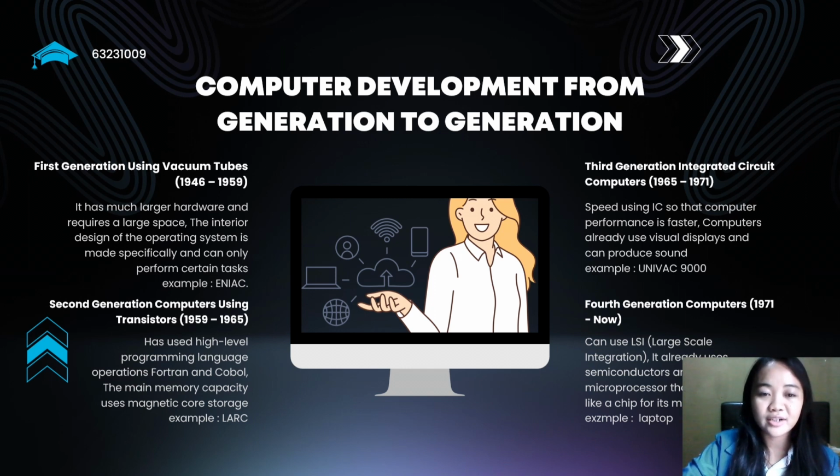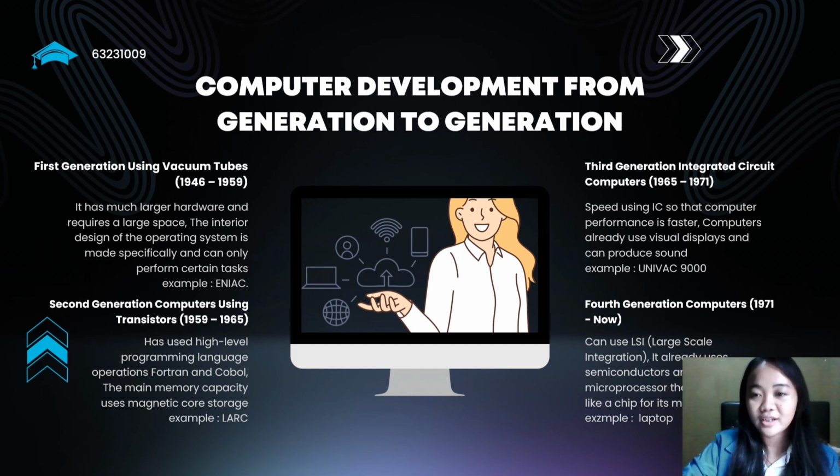The second-generation computer used transistors. In this generation, computers used high-level programming languages, namely Fortran and COBOL, and the main memory used magnetic core storage. A computer called LARC was successfully developed in this generation.